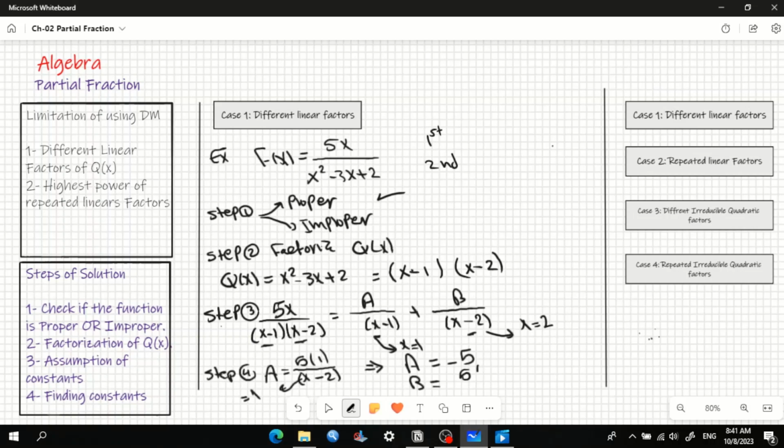Here 5 times negative 2, just hide that. So we have here x plus 1 and x here equal to negative 2. So we have here B equal to 10. I hope that's clear.